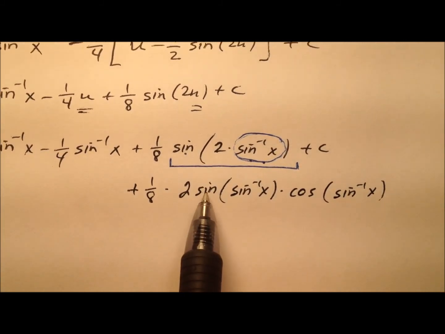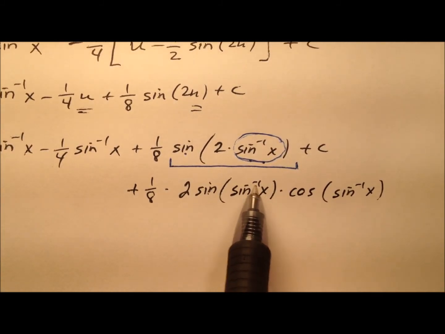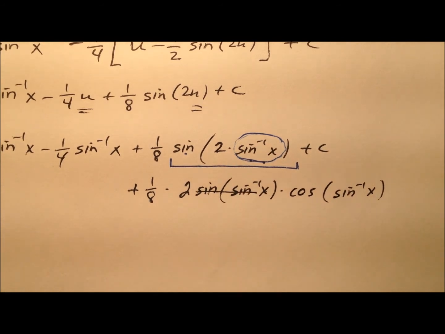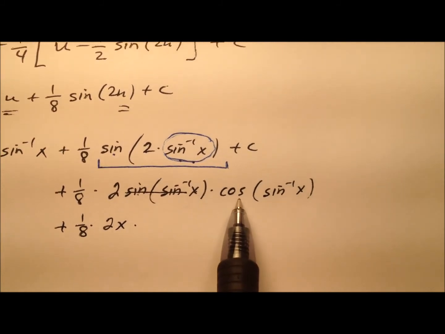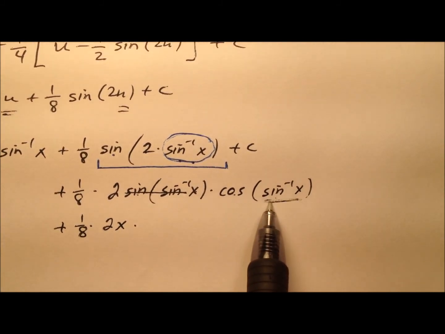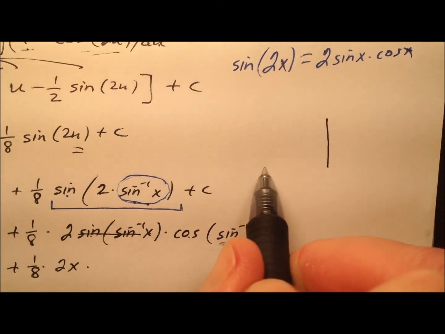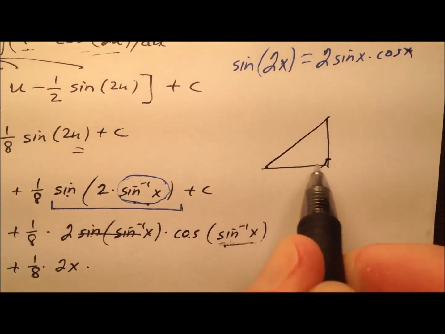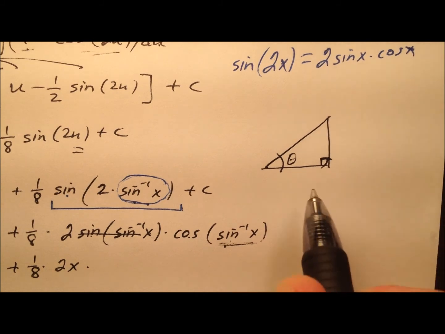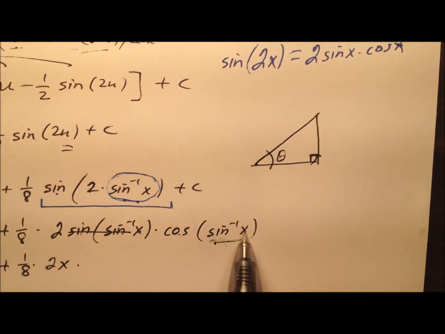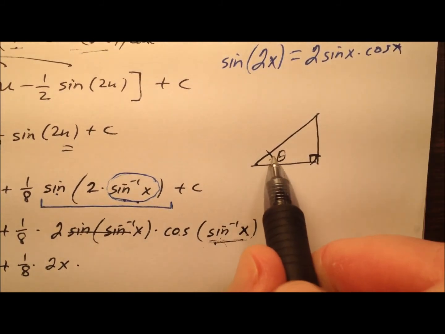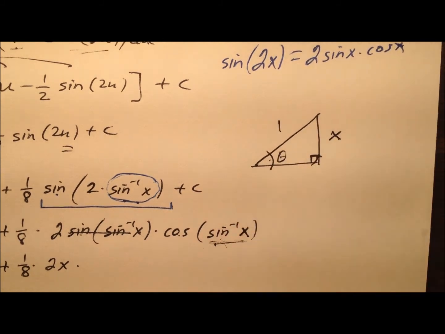Okay. Well, the sine of an inverse sine of x, those just cancel, and I'm just going to be left with x. So this will be 1/8 times 2x. But when we have the cosine of this angle, let's draw ourselves a little right triangle here. And we'll say here's theta. And so if we're dealing with sine, and sine is x, we know that's opposite over hypotenuse.